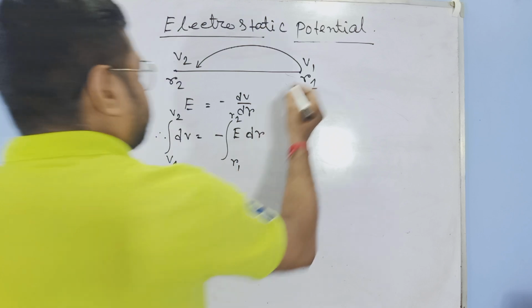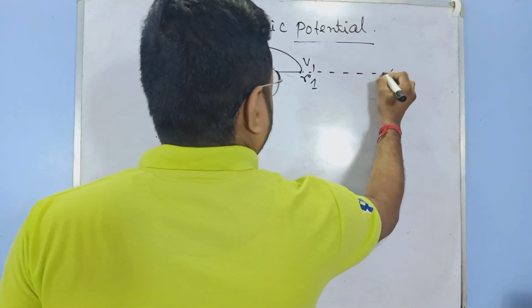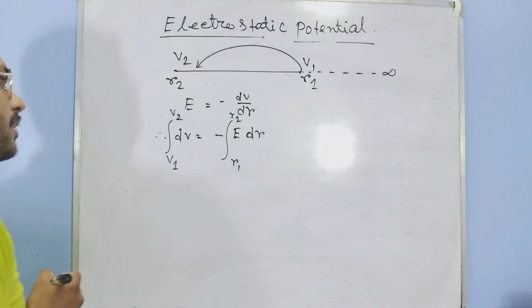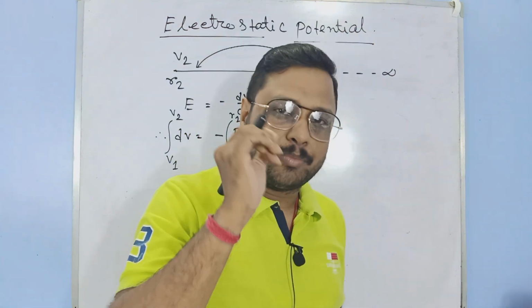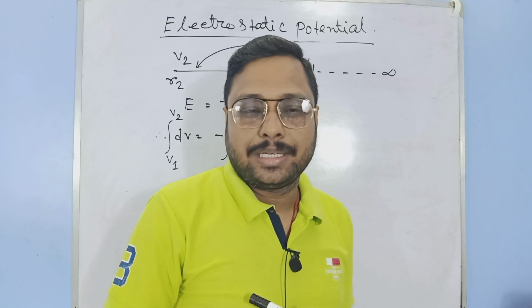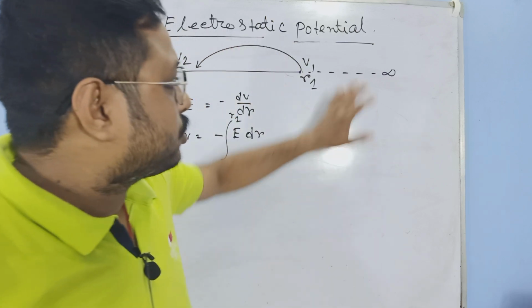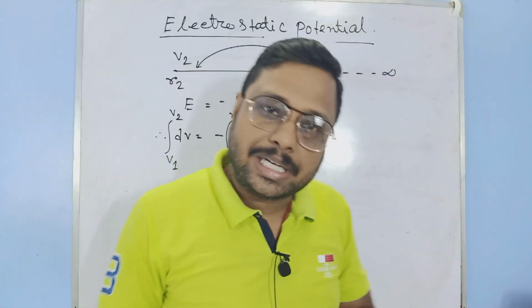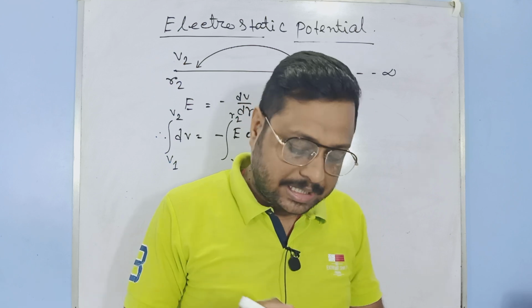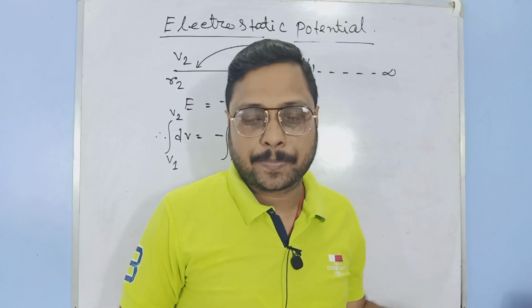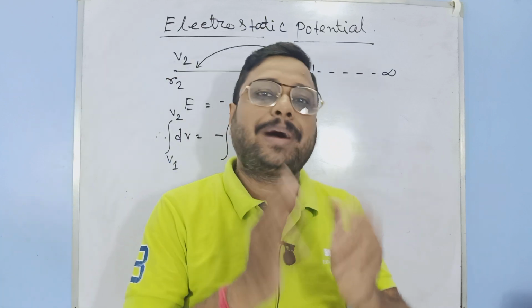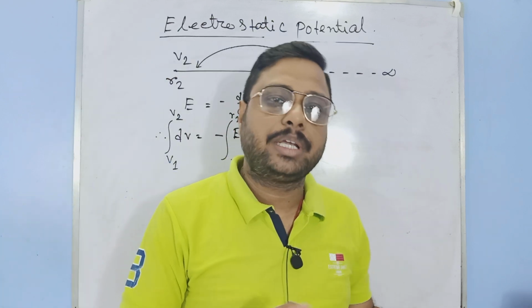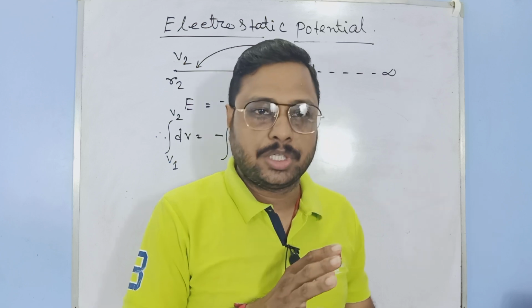A very important point you have to remember: as the electrostatic force is conservative in nature, the potential difference between 2 points does not depend on the path. It depends only on the initial and final points.